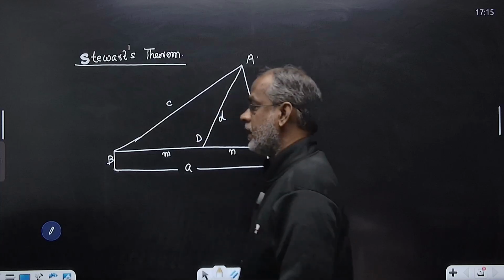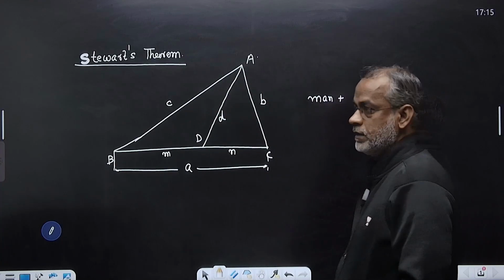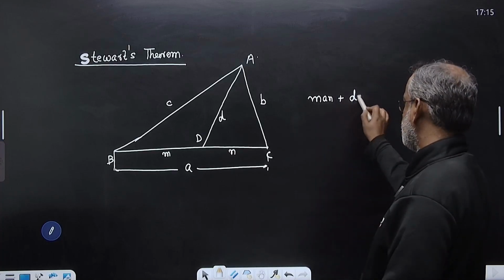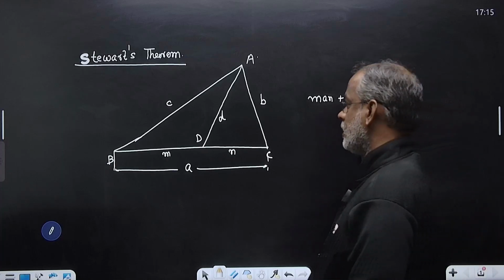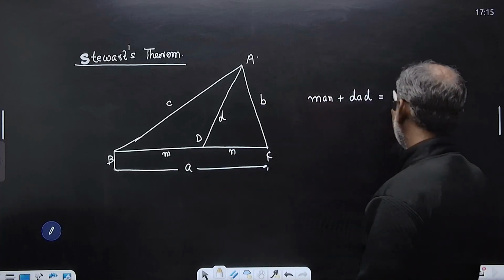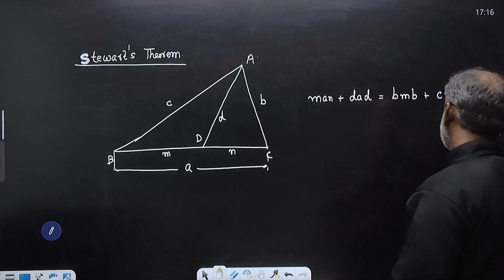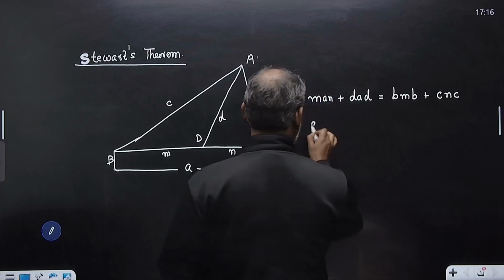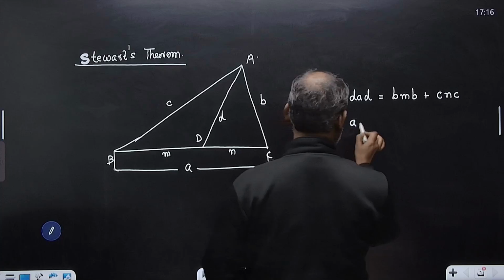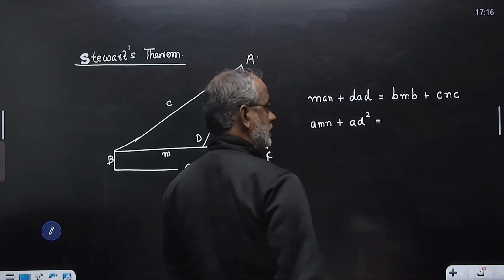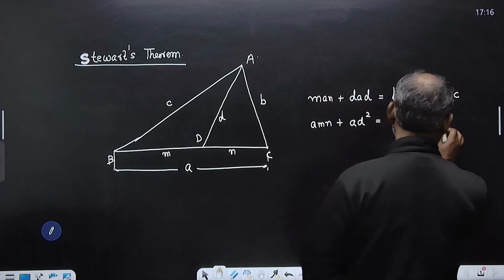It is generally remembered as M-A-N, plus D-A-D, equals B-M-B plus C-N-C. So, actually it is AMN plus AD square is equal to MB square plus NC square.